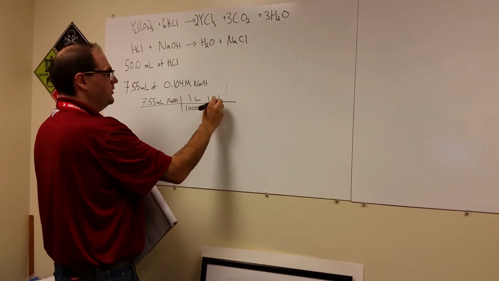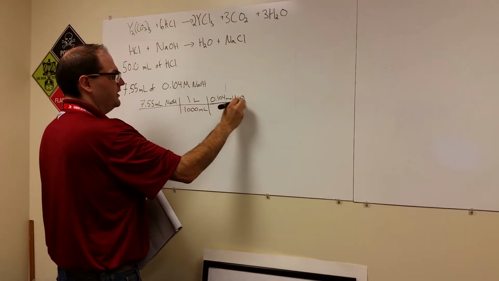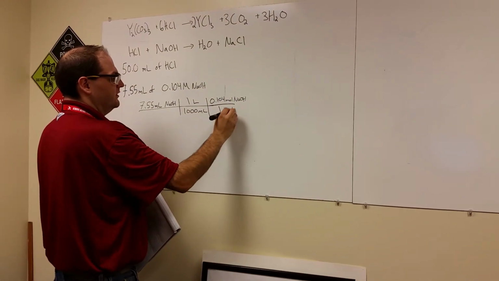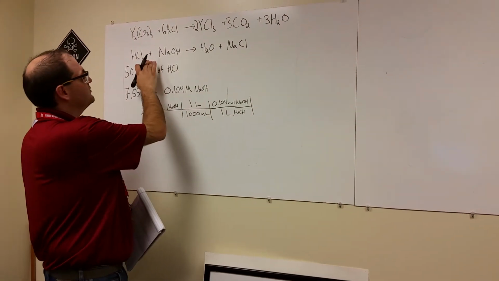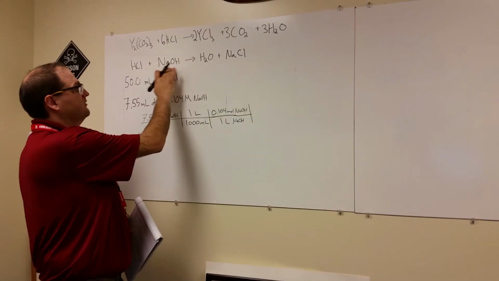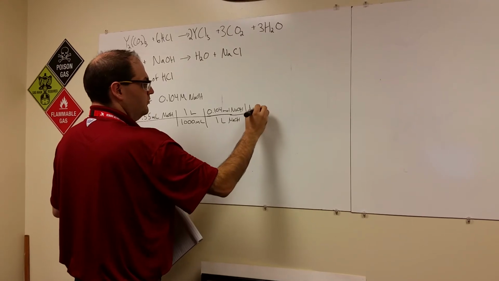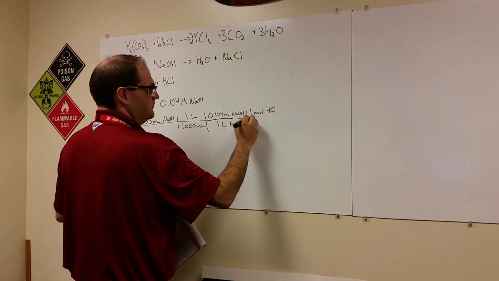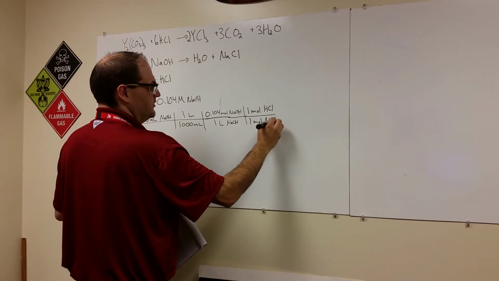So 0.104 moles of NaOH per 1 liter NaOH. Then we use our equation up here, 1 mole of HCl to 1 mole of sodium hydroxide. So 1 mole HCl to 1 mole NaOH.